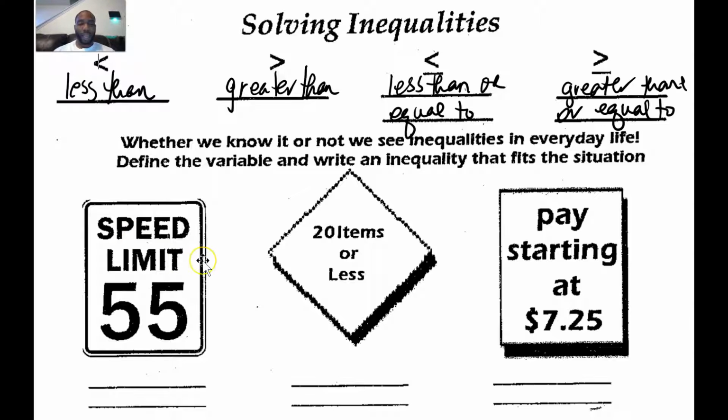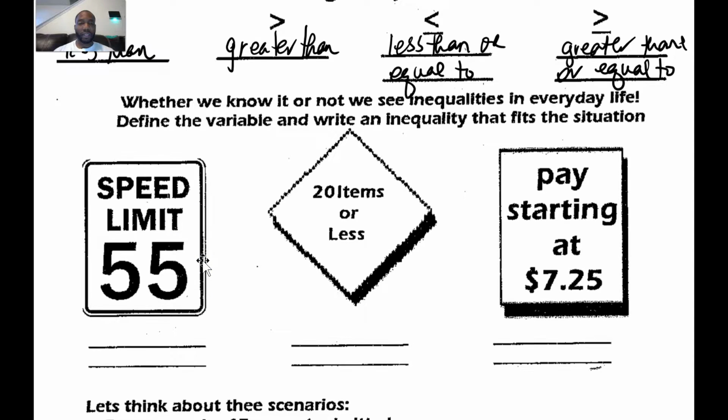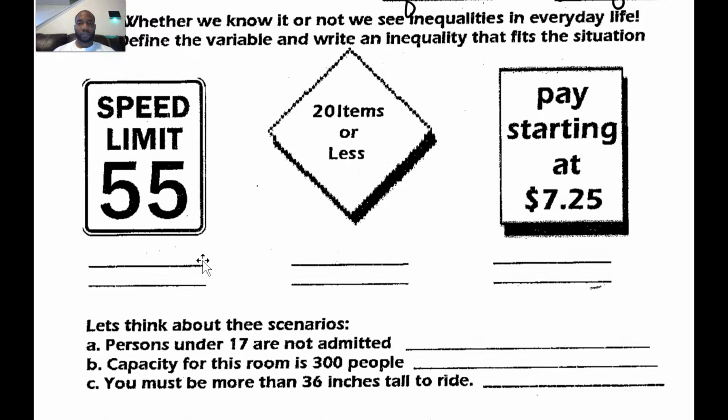So when we look at the speed limit, it says define the variable and then write an inequality for this that fits the situation. Make sure you're paying attention to this. You have the ability to rewind the video if you don't understand something, because this down here will be all you coming up.